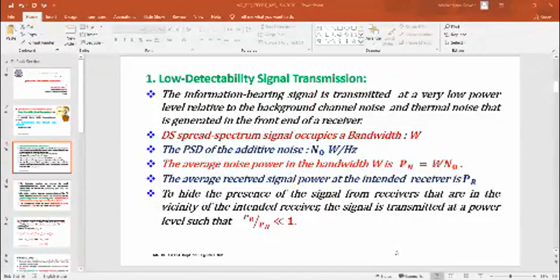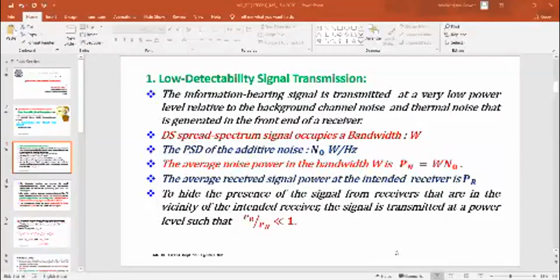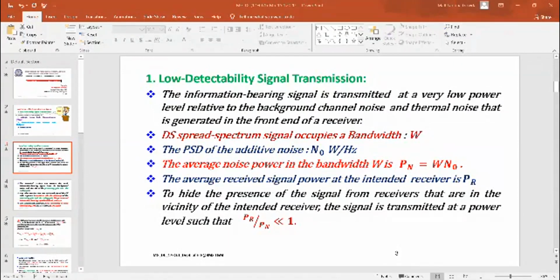Even if I transmit the information bearing signal at that level, only the intended user will be able to detect the signal, and the unintended listener will not. To understand that, let me consider the bandwidth of the direct sequence spread spectrum signal to be W hertz, and the power spectral density of the additive noise denoted as N naught watts per hertz.